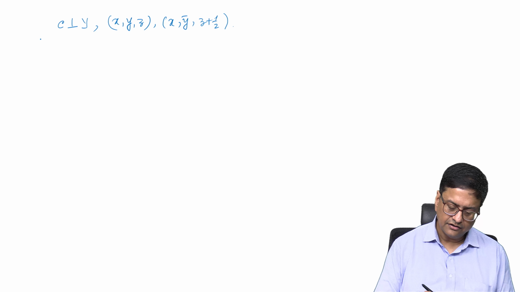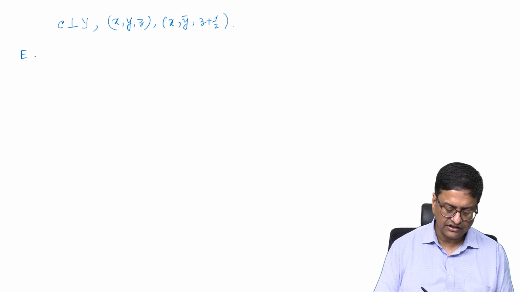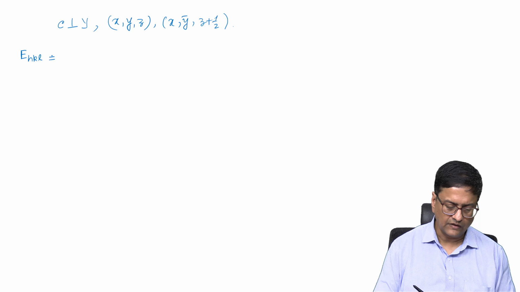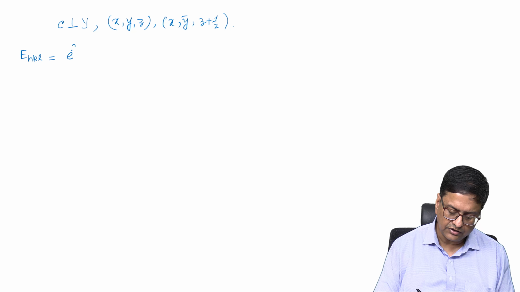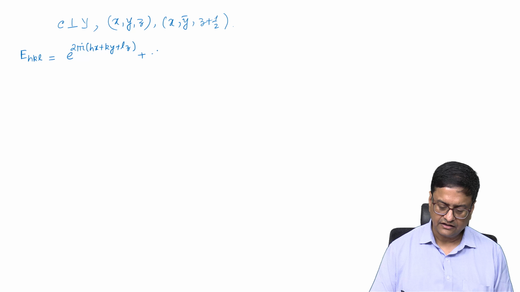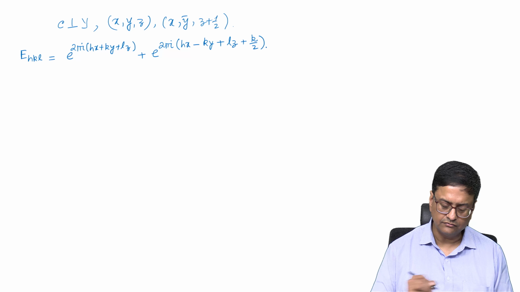So, your expression for E(hkl) will be equal to e to the power 2 pi i (hx + ky + lz) plus e to the power 2 pi i (hx minus ky + lz + k by 2).